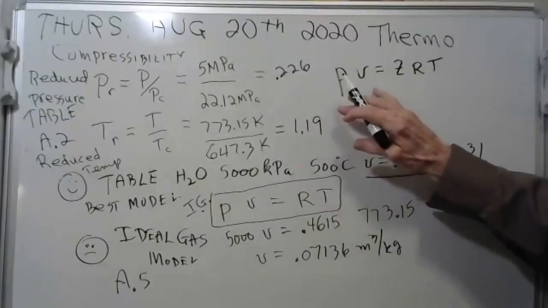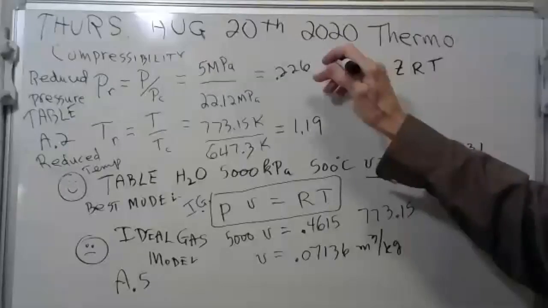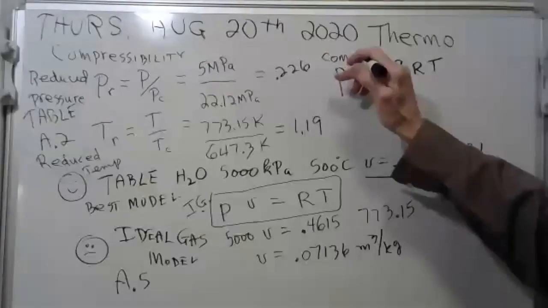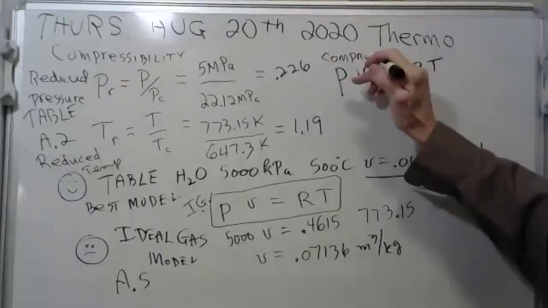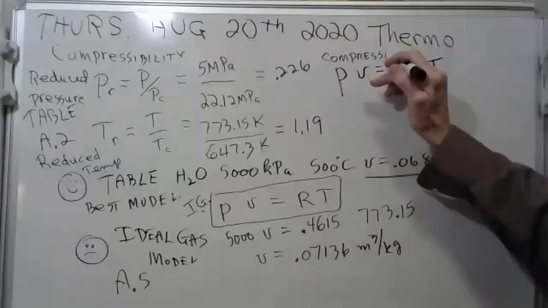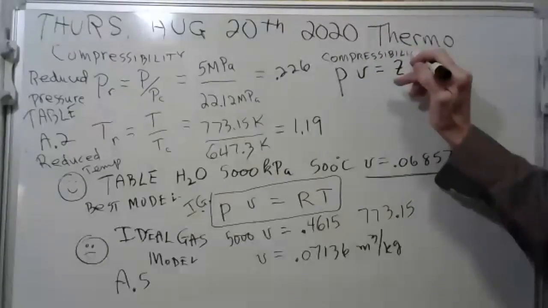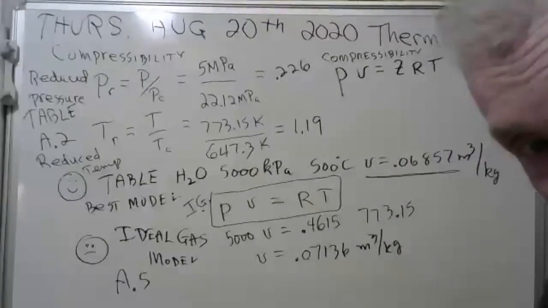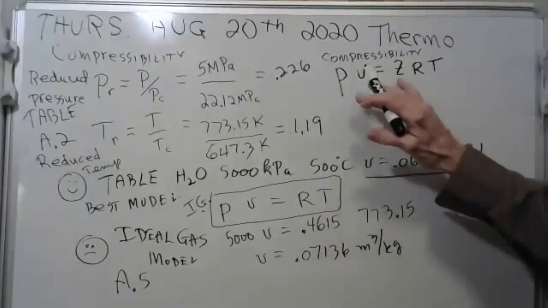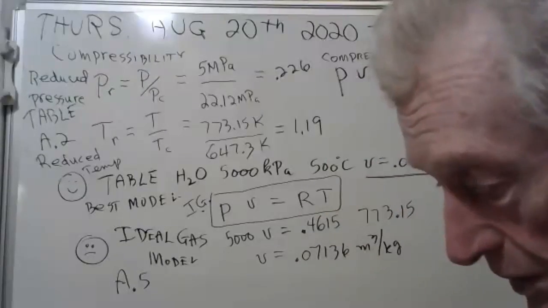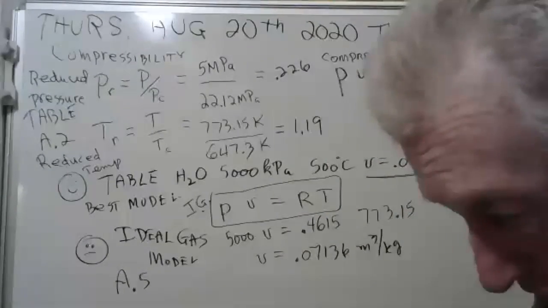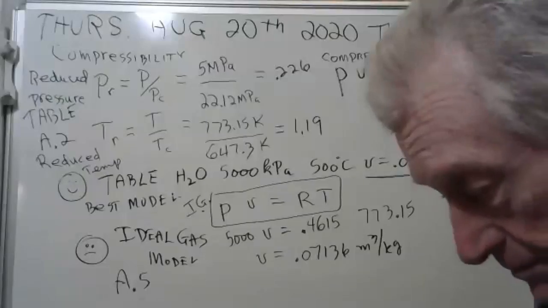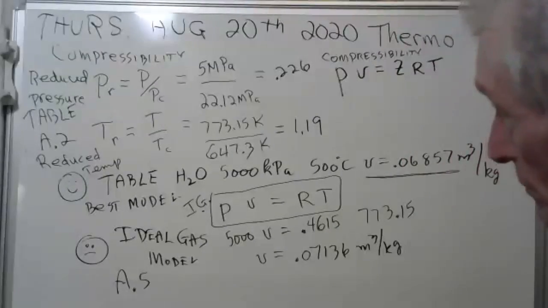This is called the compressibility equation. That's it. And this little guy right here, that Z, is called the compressibility factor. Okay, we're going to find that factor.